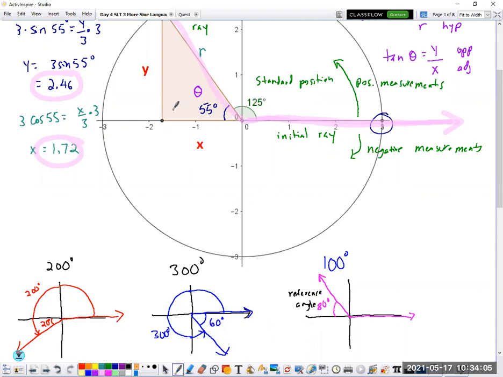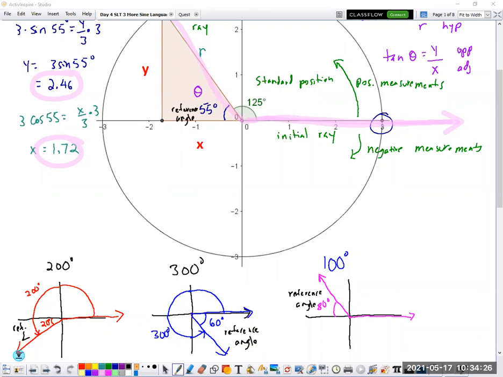So over here, 55 is our reference angle. We're going to talk about why it's called a reference angle. Over here, 60 degrees is my reference angle. Over here, 20 degrees is my reference angle.